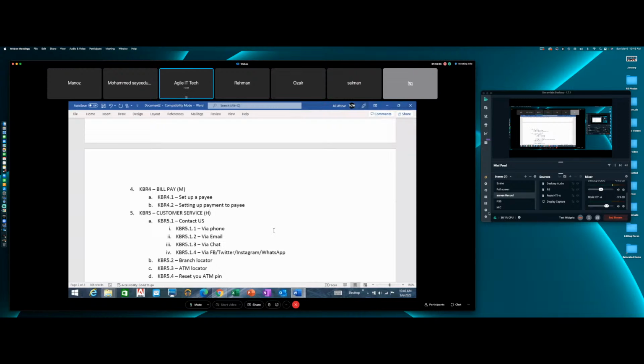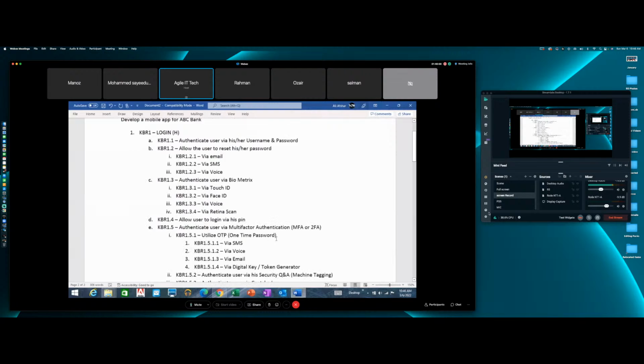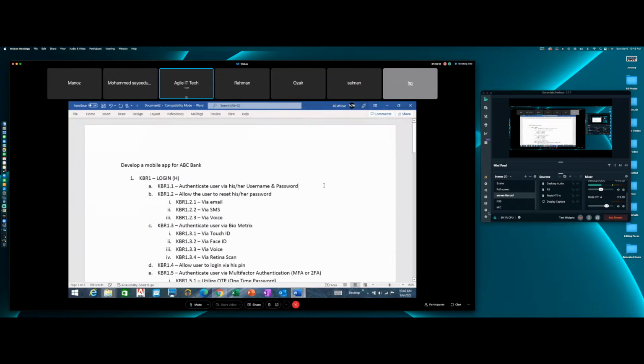All right. Since we have identified our modules, now let's look at our individual requirements. KBR 1.1, user ID password. High. All right. So I'm going to copy this and you simply tell me if this requirement is a high requirement or not.